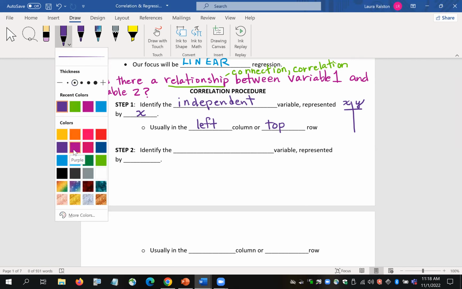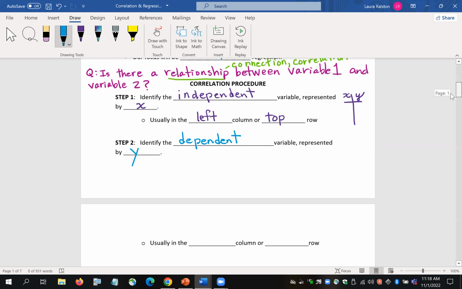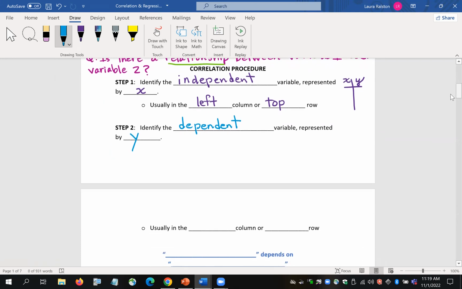After we identify the independent, our second step is to identify the dependent. And that becomes easy because there's only 2 of them. So by default, the other one has to be the dependent, which is the Y. And guys, in terms of correlation, it really doesn't matter which one is X and which one is Y, because we're simply looking for a relationship.